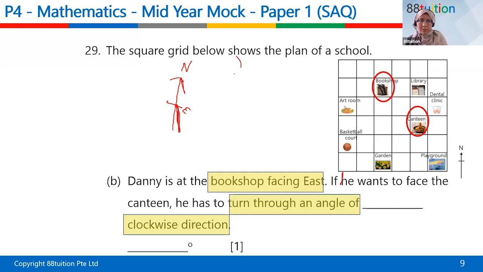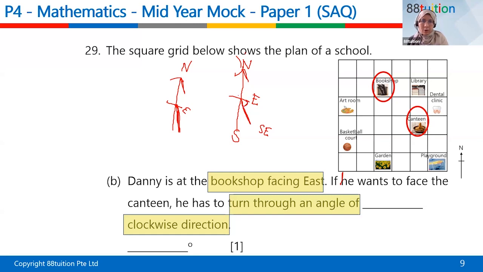Let me try this again. Okay, do you notice that the canteen is here, southeast? Do you notice it's southeast? Yes or no? If I were to draw this here, you notice that this is exactly southeast of the bookshop, right? So you're looking for this angle here.